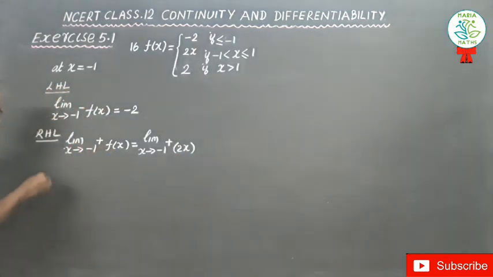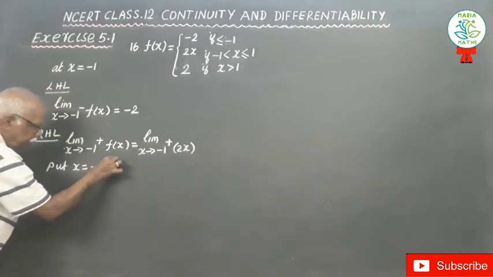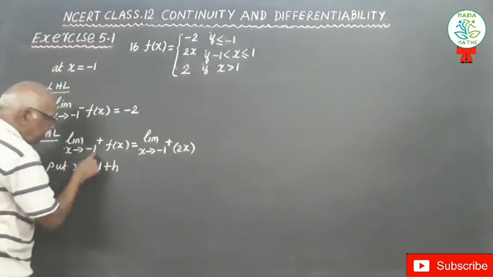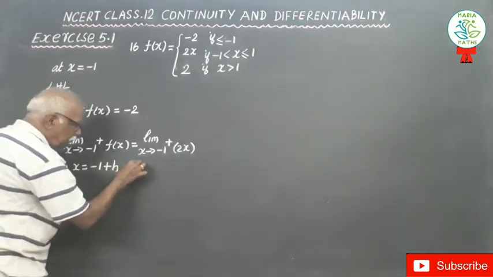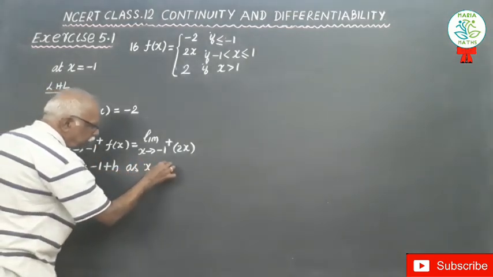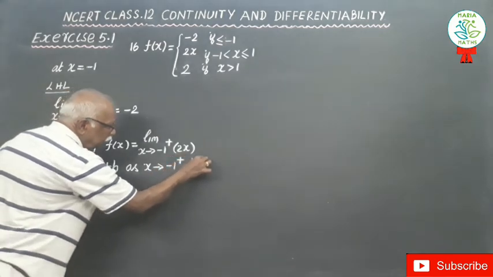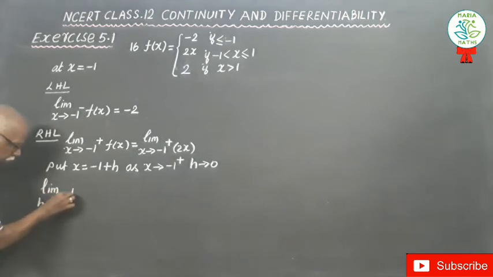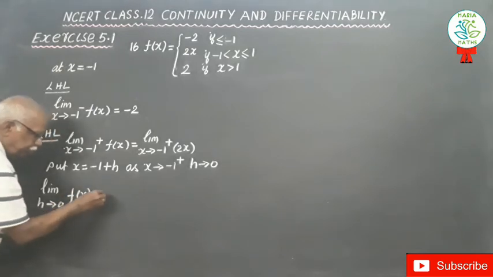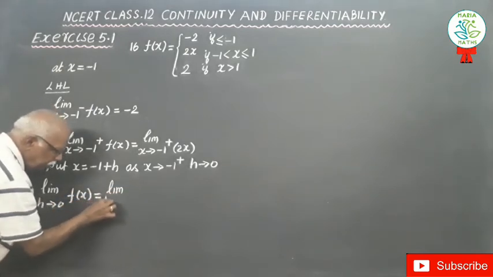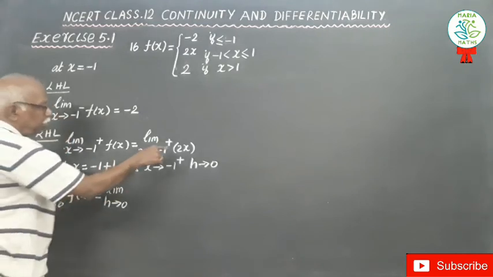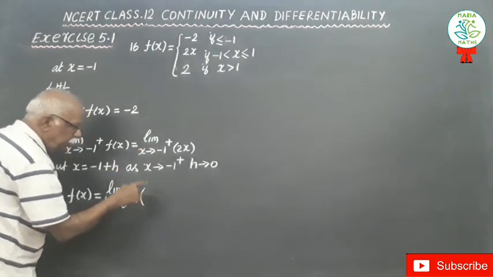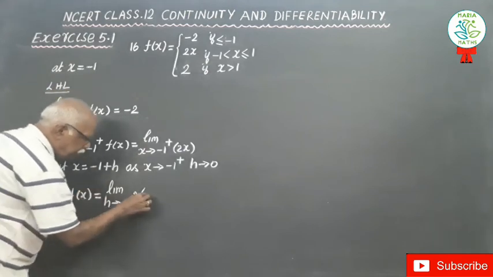Now here put x is equal to minus 1 plus h. We have to add h to this minus 1, as x tends to minus 1 plus, h tends to 0. Limit h tends to 0, f of x is equal to limit h tends to 0, 2x, with x replaced by minus 1 plus h.